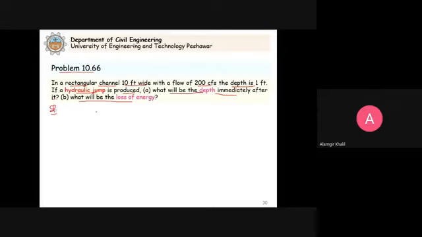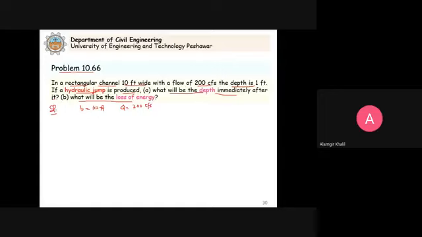What we are given is that the width of the channel, B, is equal to 10 feet. Now the total discharge is given as 200 CFS.